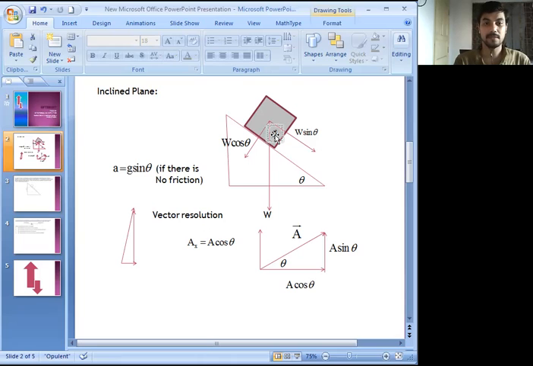So if it's the same theta, the components that exist are W cos theta and W sin theta. It is this theta that I'm talking about. Just make a note of that. Use a bit of geometry and you'll be able to prove it yourself.